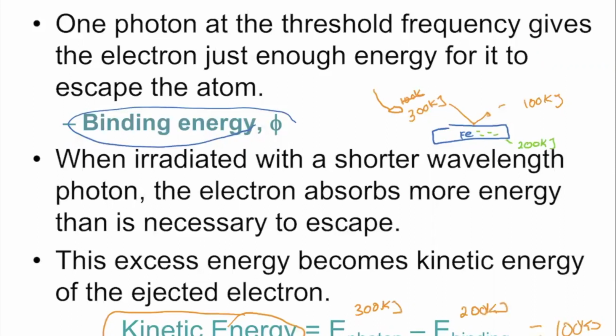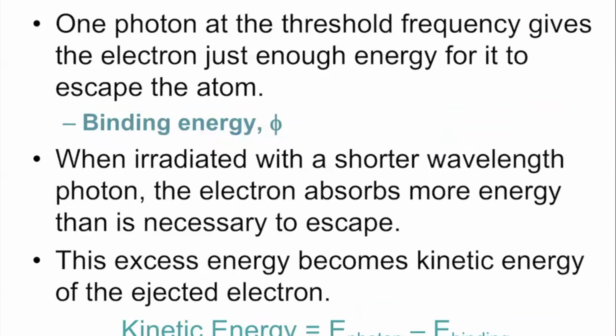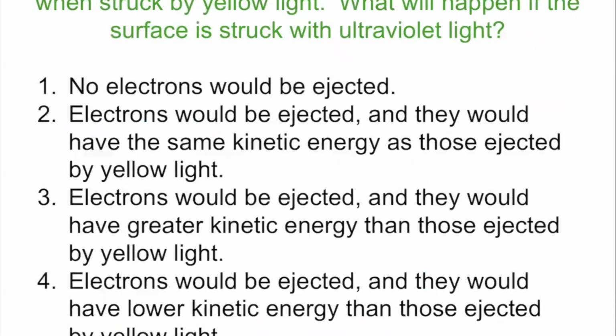So there are two ways of calculating kinetic energy, because that extra energy is going to be converted to kinetic energy. So here's another question. Think about this question and think about what the answer should be. You're striking it with yellow.